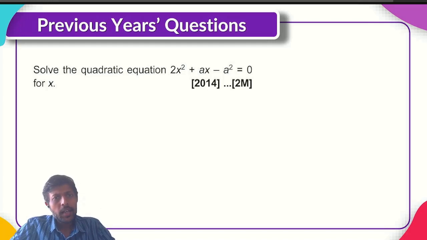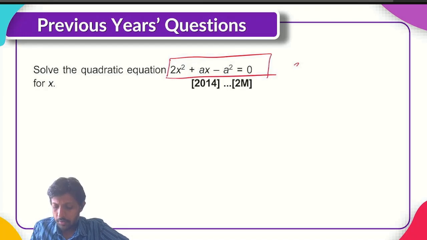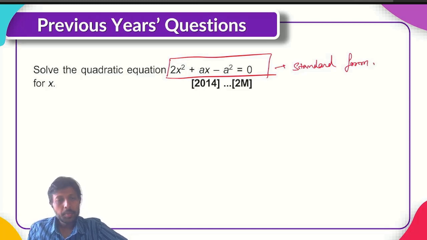Okay, let's look at the solution now. So first things first, we have to write this in the standard form. Is it already in the standard form? It seems it's already in the standard form because the terms are written in order of decreasing degree. So it's already in the standard form.